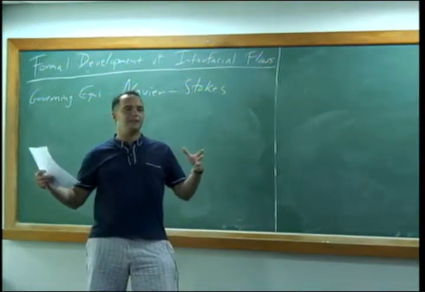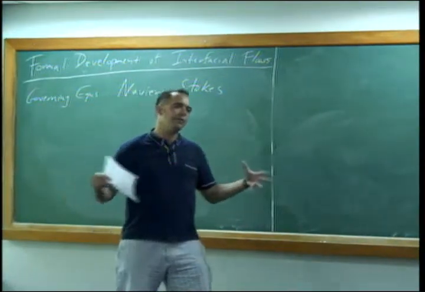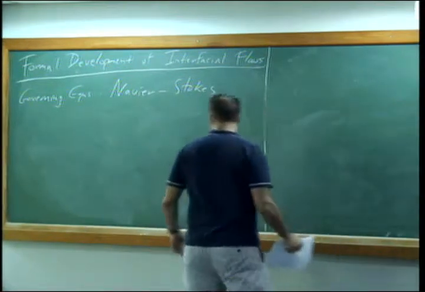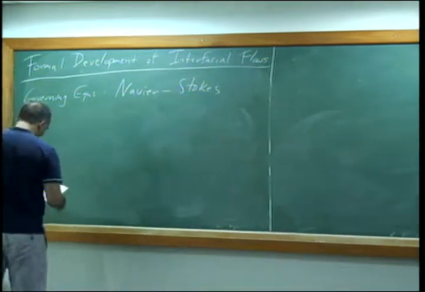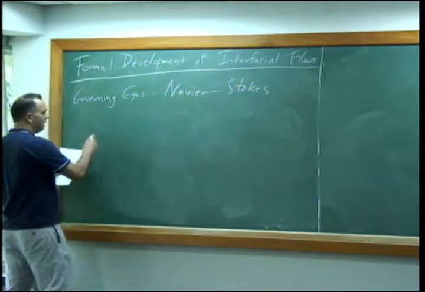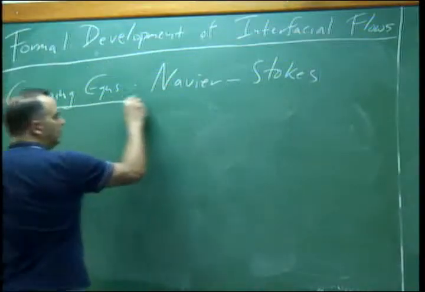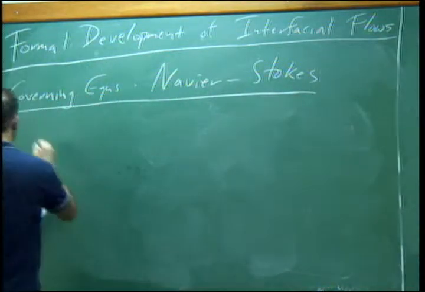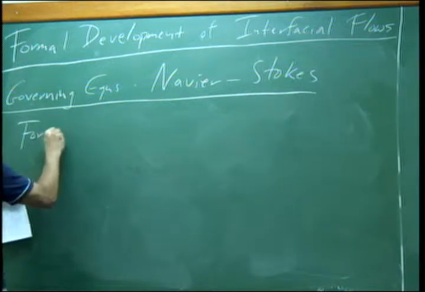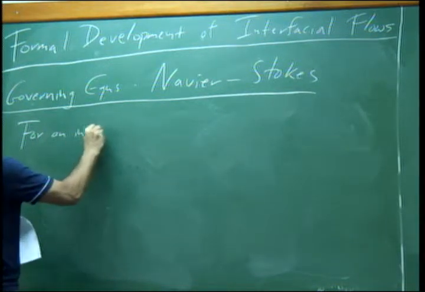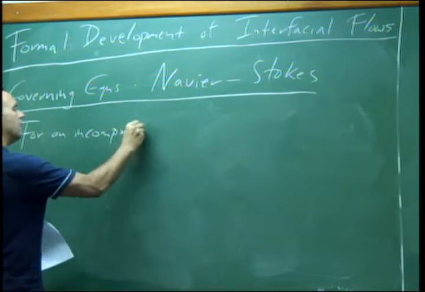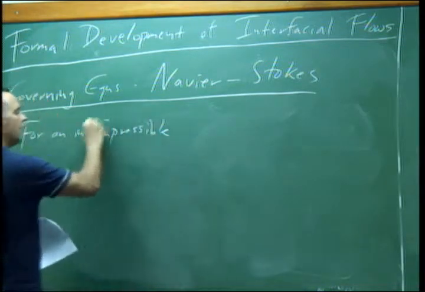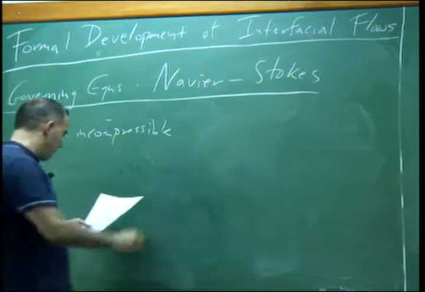So you have a gas, and by changing pressure on it, you can compress it, change its density, but we're going to assume we have constant density. So incompressible. So we're going to assume that the fluid is incompressible.